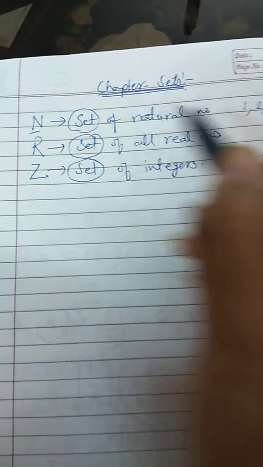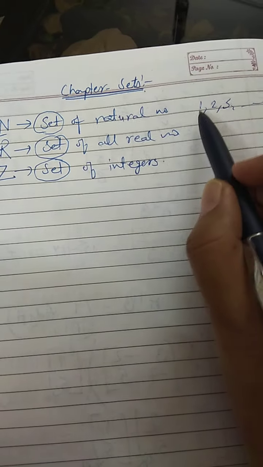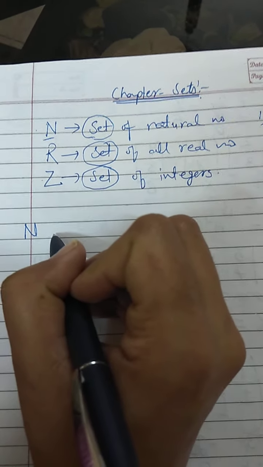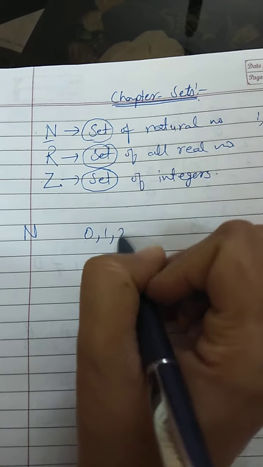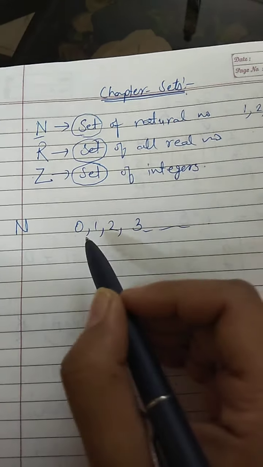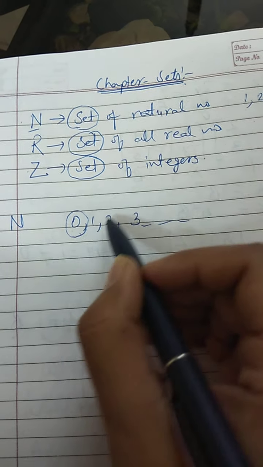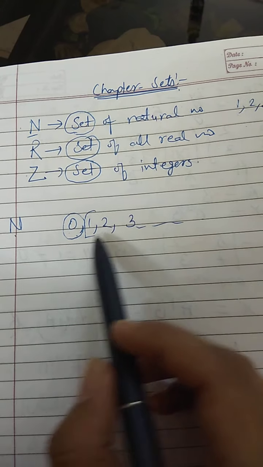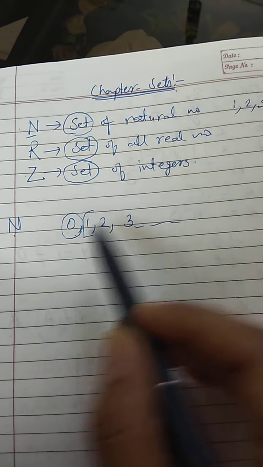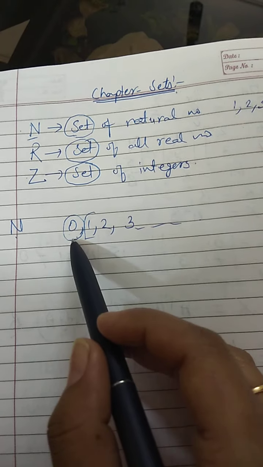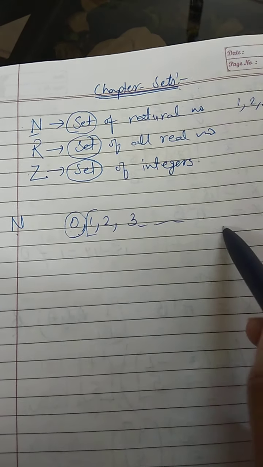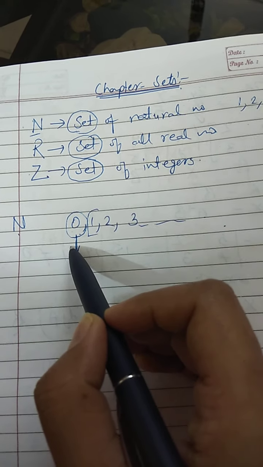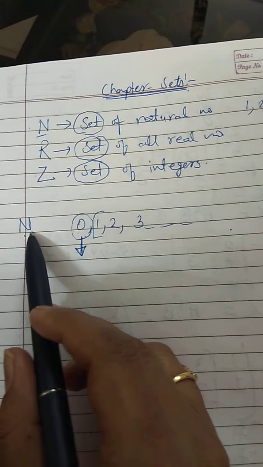When I'm writing N, everybody knows it will start with 1. When I write N, I cannot start that it will be 0, 1, 2, 3 and so on, right? Because 0 is not a natural number. The natural numbers start from 1, 2, 3. So if I explain N with the counting 1, 2, 3 including 0, it is no longer a set of natural numbers, because this number is making a problem for the definition of natural numbers, right?